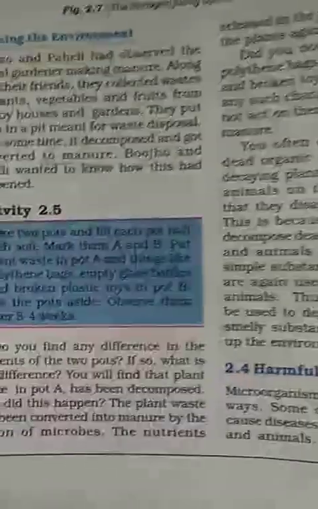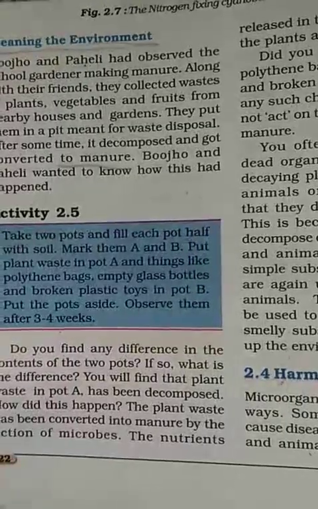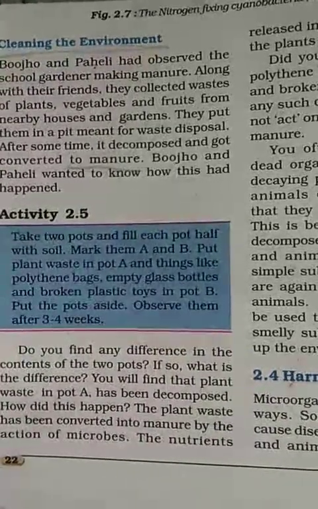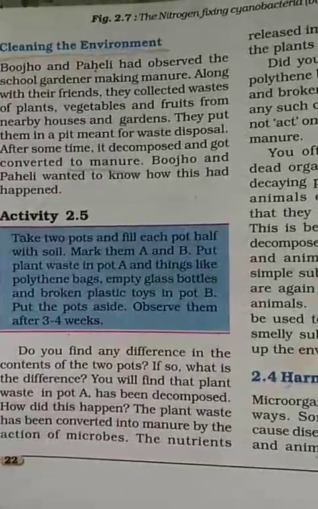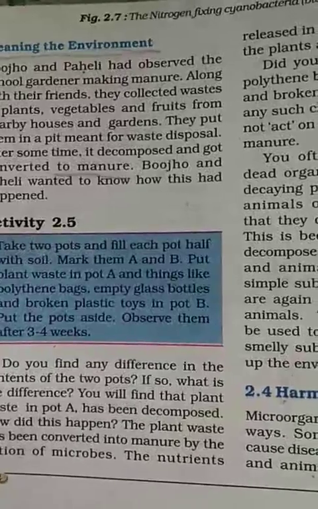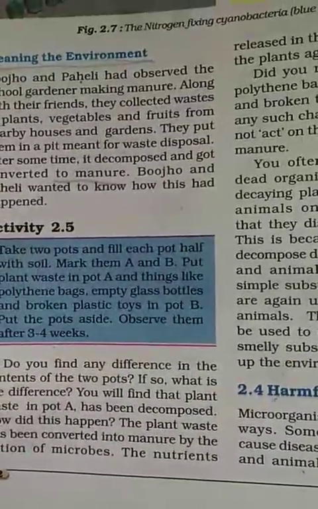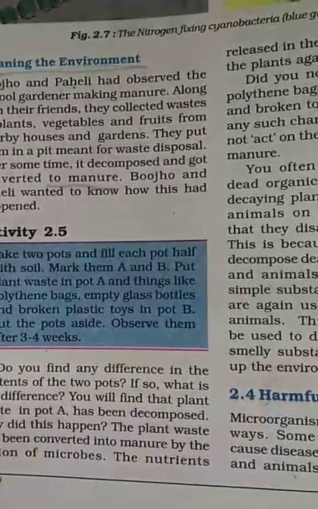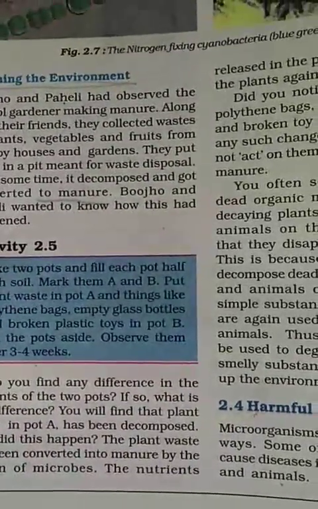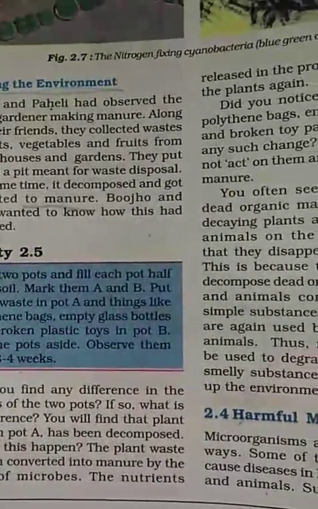Do you find any difference in the contents of the two pots? In Activity 2.5, they have taken two pots half filled with soil, A and B. Put plant waste in pot A, and things like polythene bags, empty glass bottles and plastic toys in pot B. Put the pots aside and observe.